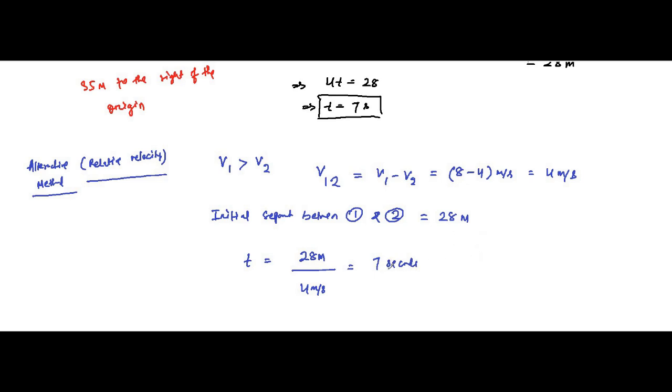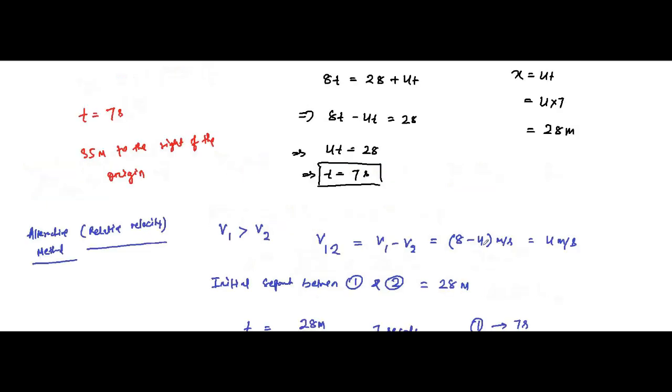And same here, they will meet after 7 seconds, and the distance travelled by particle 1 in these 7 seconds is equal to 8 meters per second into 7 seconds, which is equal to 56 meters.